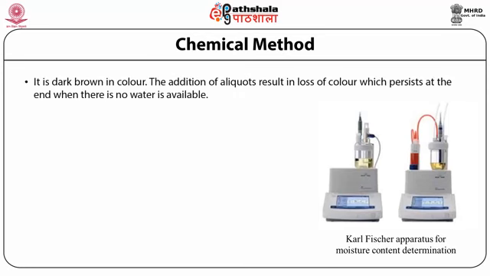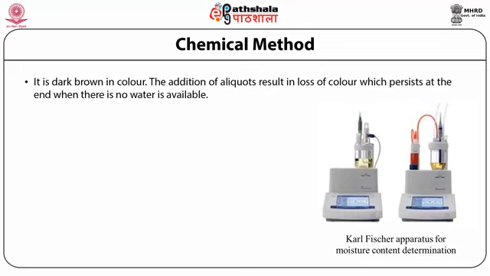With the addition of the aliquots containing the moisture, the color disappears for some time, but as the water content is titrated or exhausted, it retains the brown color of the reagent. So the end point is shown by the retention of dark brown color in this titration.